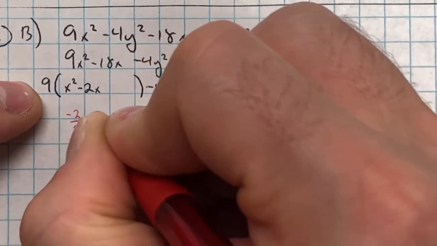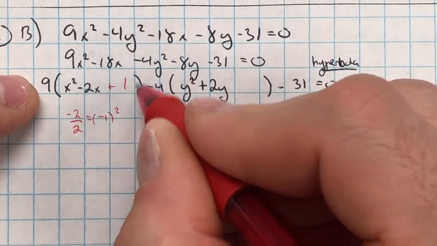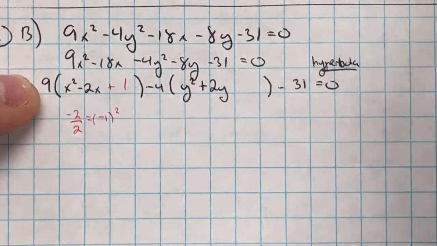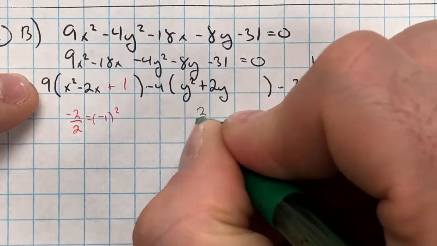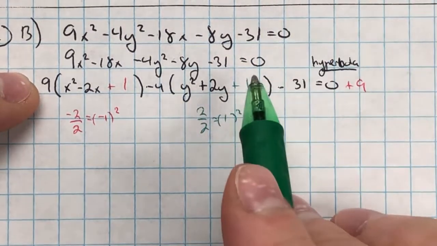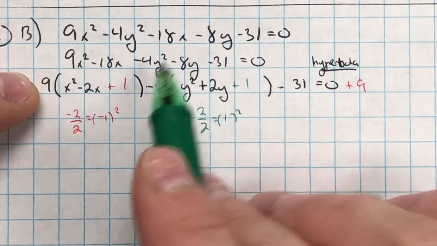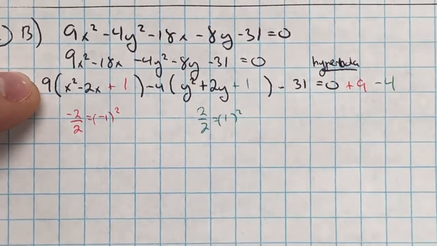Half of -2 is -1. Squared is 1. If I add a 1, I'm eventually going to multiply that times 9, so I'm going to add a 9 over here as well. Do the same thing right here. Half of that 2 is 1. 1 squared is 1. If I'm going to add a 1 over here, it's actually times -4, I'm going to subtract a 4 over here as well.